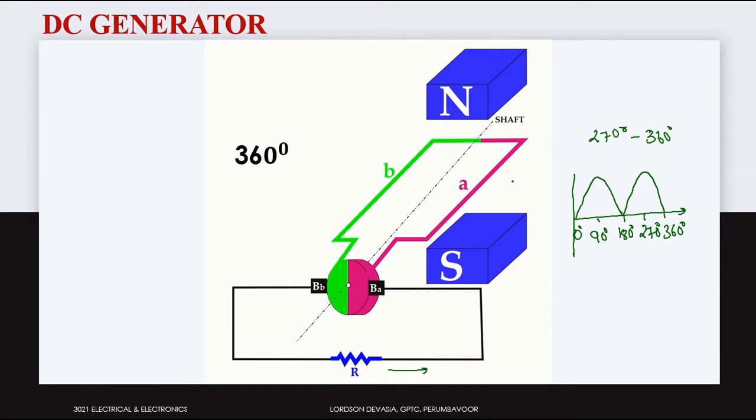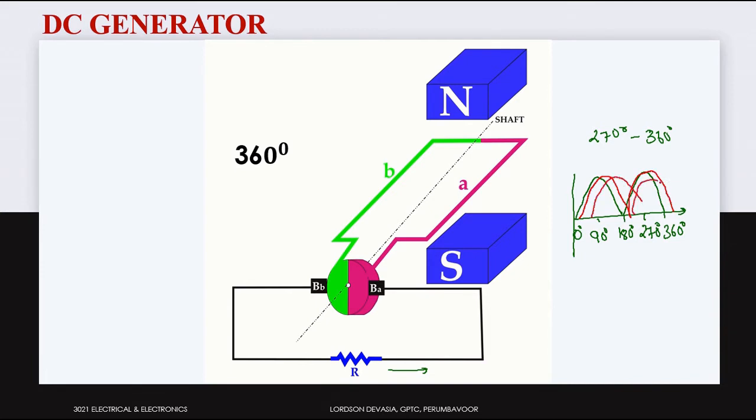And here we are considering a single coil, but actually in a machine there are a larger number of coils. So if we consider a larger number of coils, so there is another winding, another coil to consider.